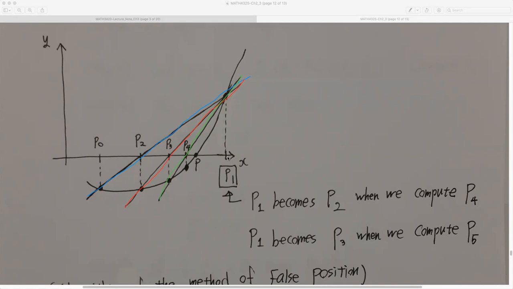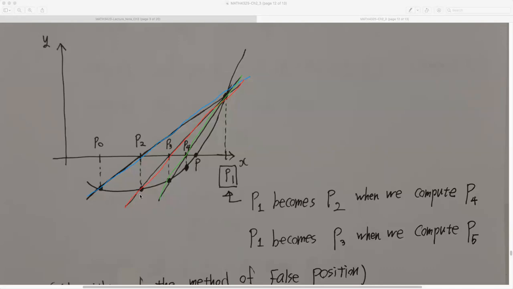In the coding, P1 actually becomes P2 when you compute P4. Okay, because f(P2) times f(P3) is positive, both their signs are equal, I mean negative, right?